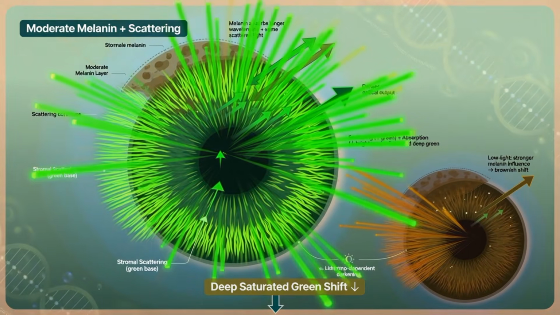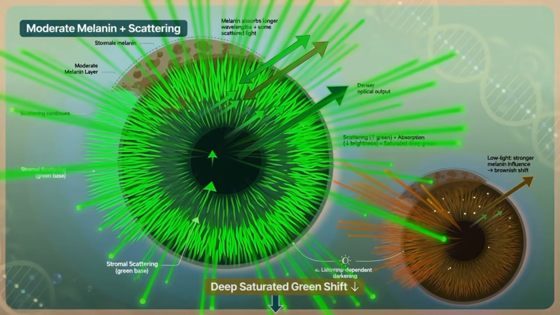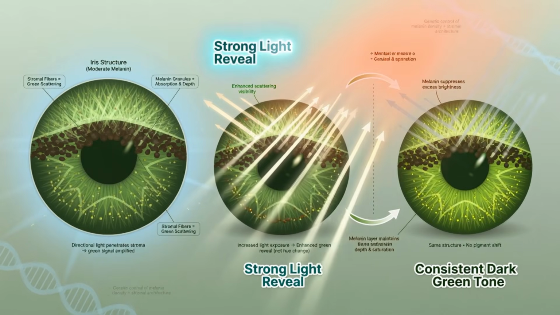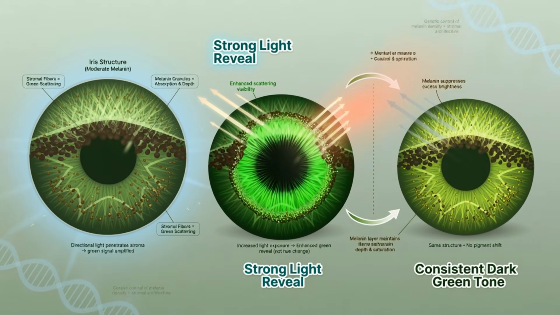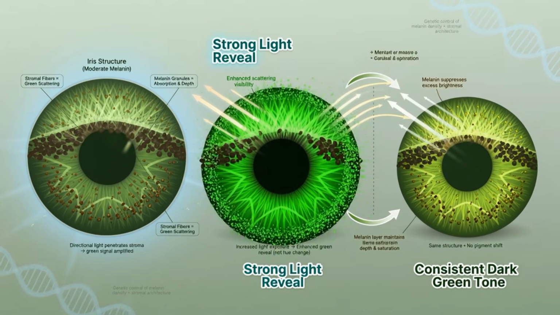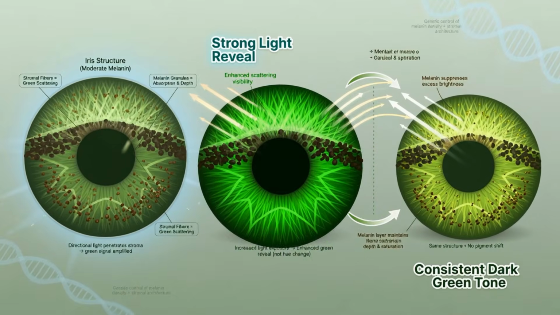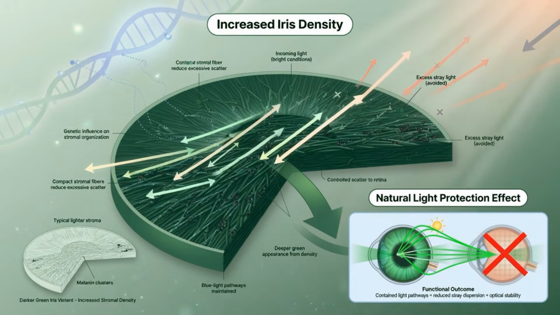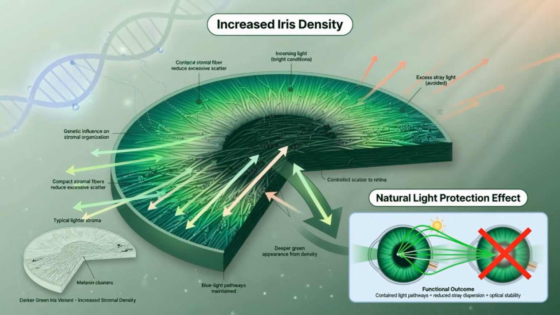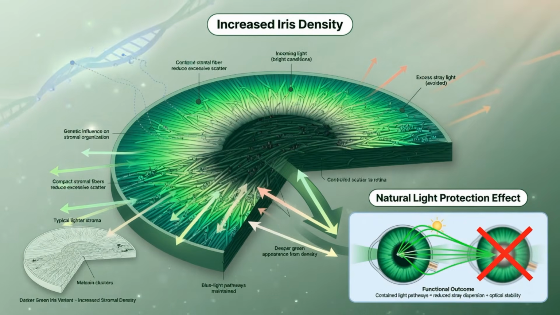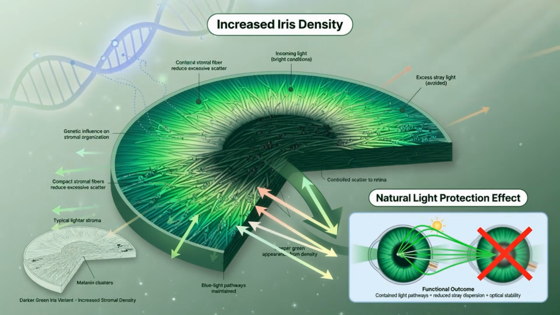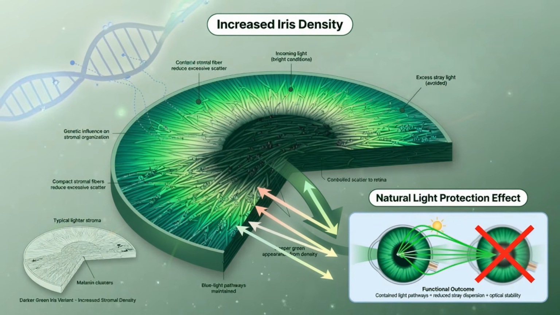In lower lighting, these can appear almost brown. In strong light, the green becomes visible again, though it always reads as dark and rich rather than vivid or bright. The density of the iris structure in these eyes also means slightly greater natural protection against scattered light, a functional difference that comes along with the aesthetic one.